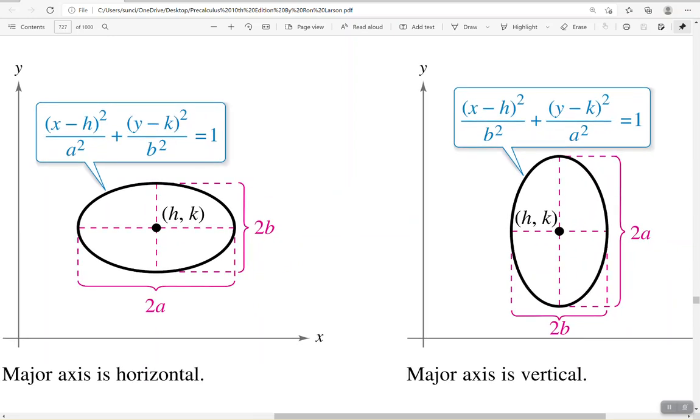But here's the general view of these ellipses when they're horizontally stretched and vertically stretched. Notice here, this is the major axis: a, b, b. Vertically, this is the major axis, vertical axis: a, a, b, b.